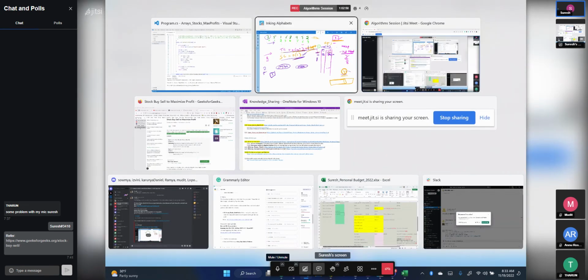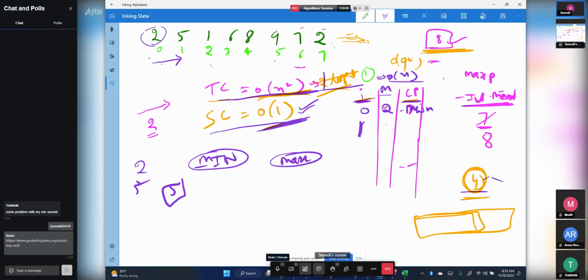You got 5, but the minimum is 2. You don't need to change the minimum, right? Because you got 5. So don't change it, the minimum is still 2.